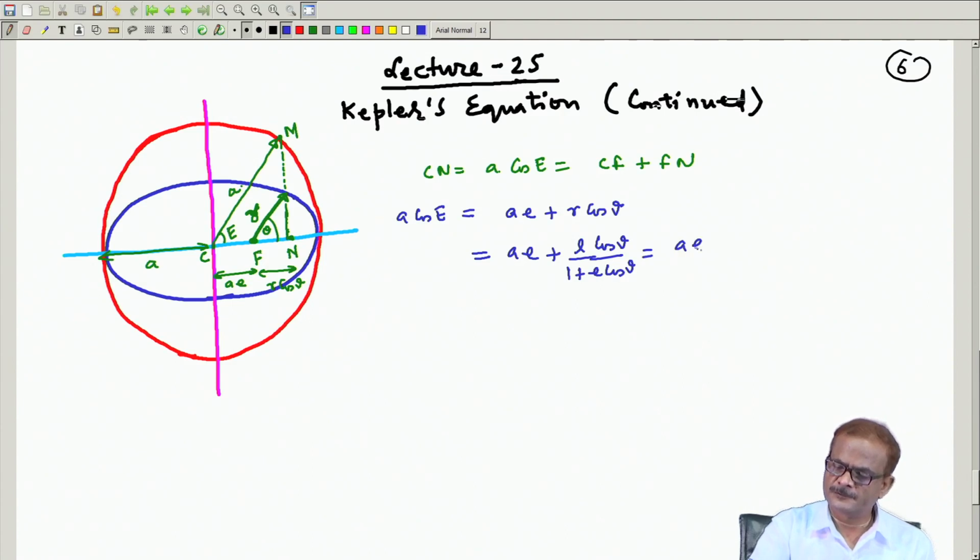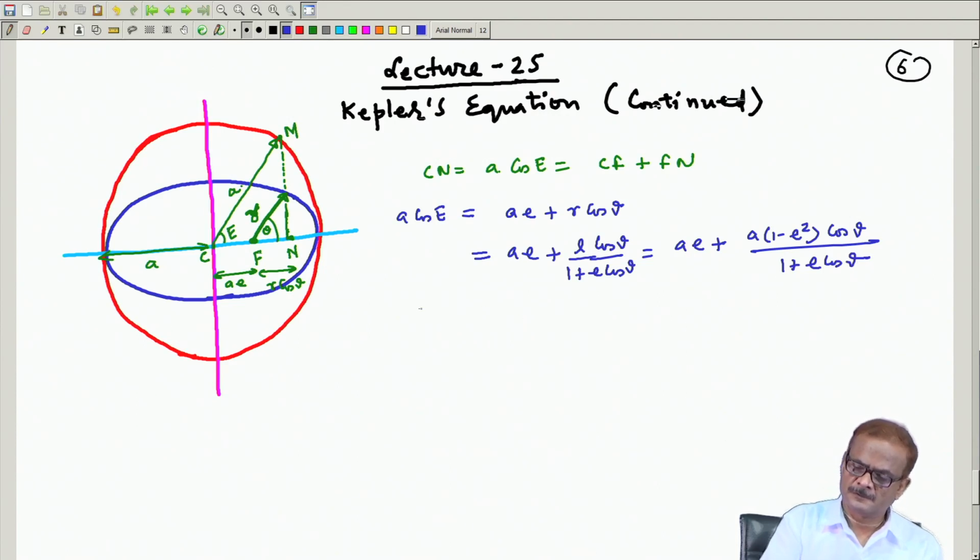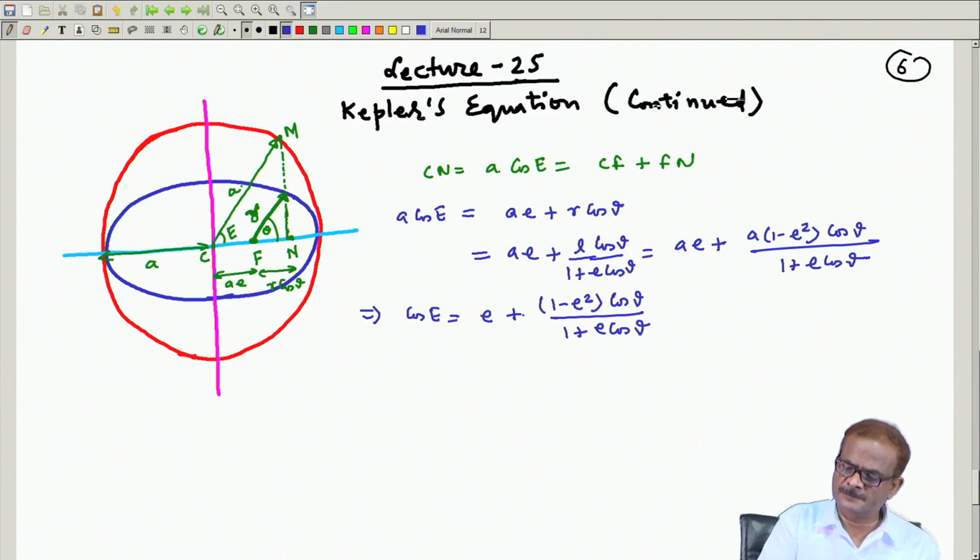One more step we need to do here. These relations we are aware of, so we utilize them. This implies cos E will be equal to e plus, with A canceling out from both sides, 1 minus e square cos theta divided by 1 plus e cos theta.